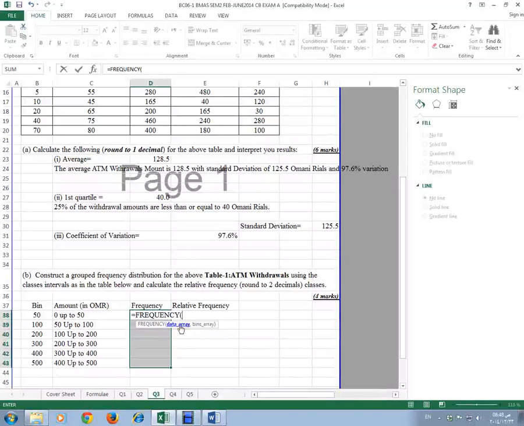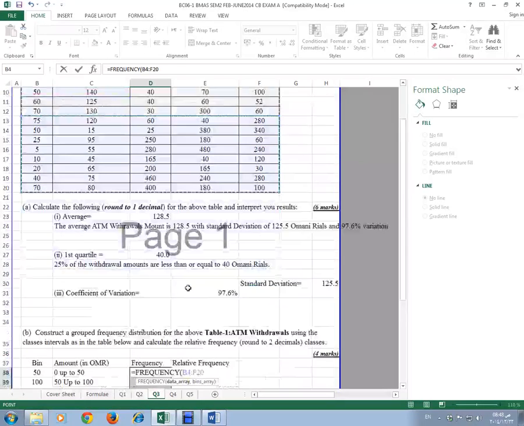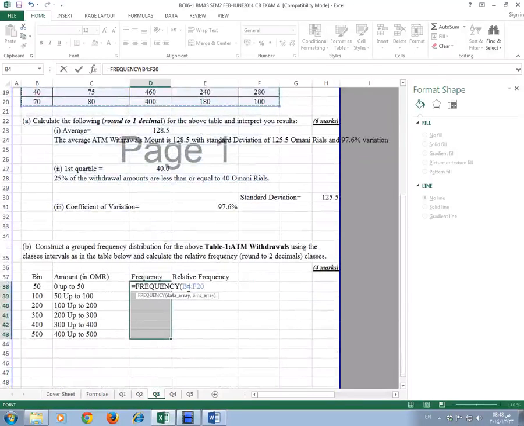So here data, I will highlight the data, and then after that comma, after comma bin, I will highlight the bin. Then from the keyboard hold down shift and control with one hand, and with the other hand press enter.